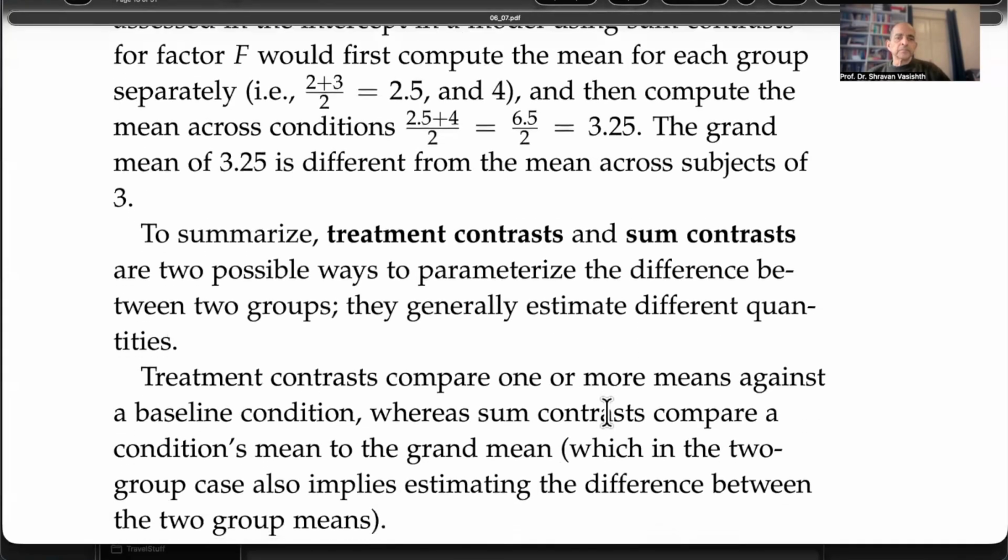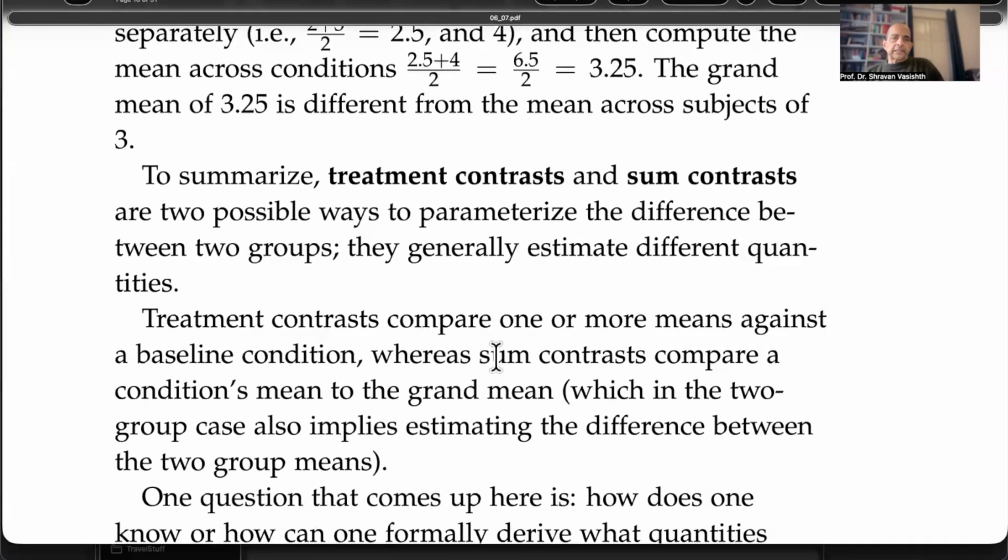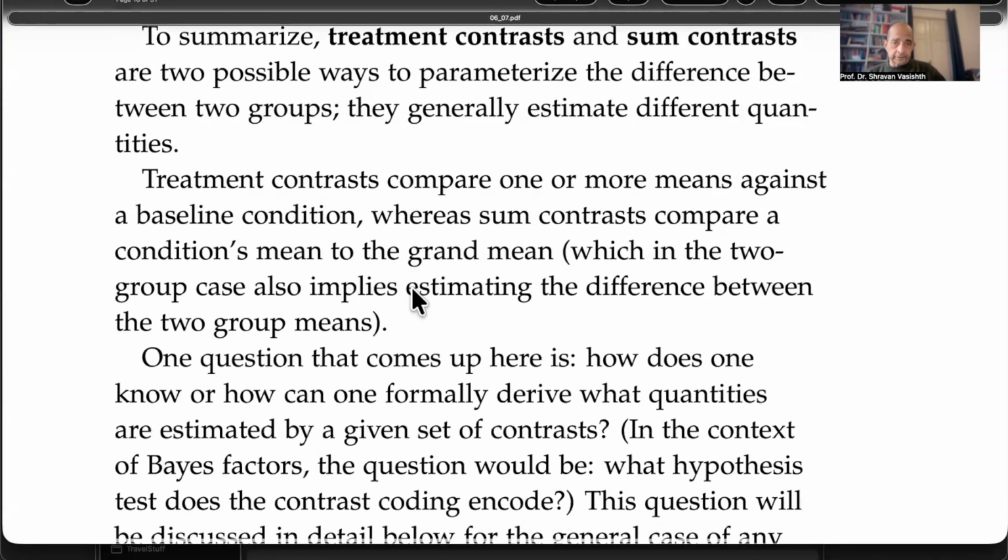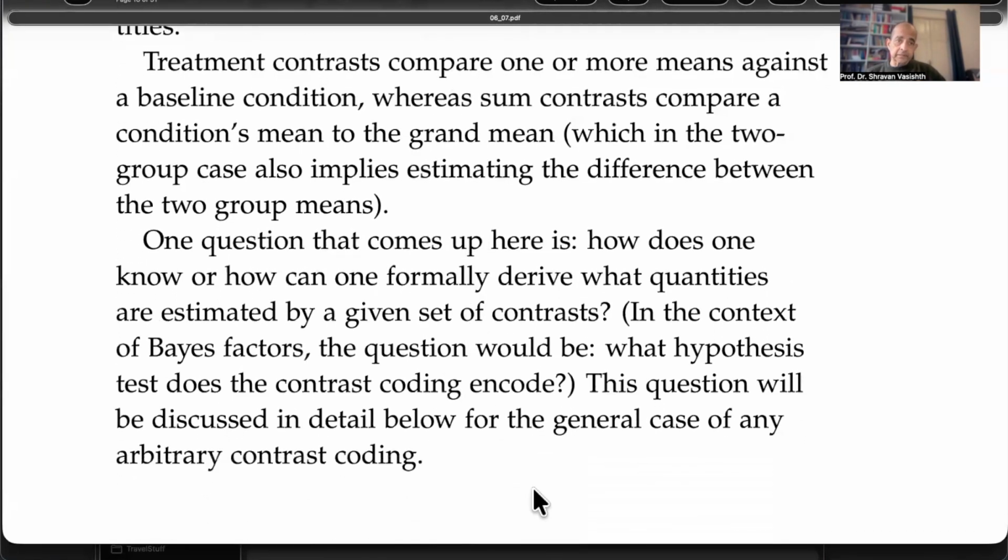Okay. So the important insight here is that treatment contrast and sum contrasts give you the same information in the slope, but the intercept is different, and you have to pay attention to how you're parameterizing your model, right? Because that can affect the meaning of the intercept and slope parameters.